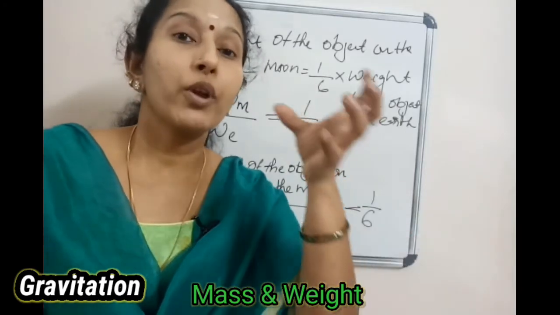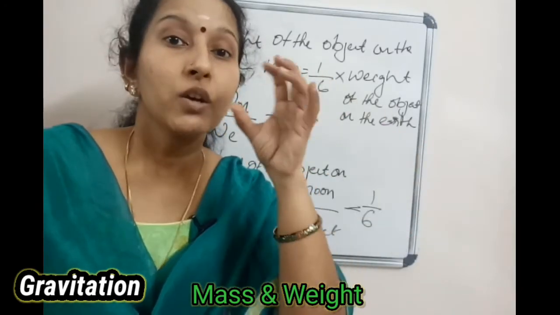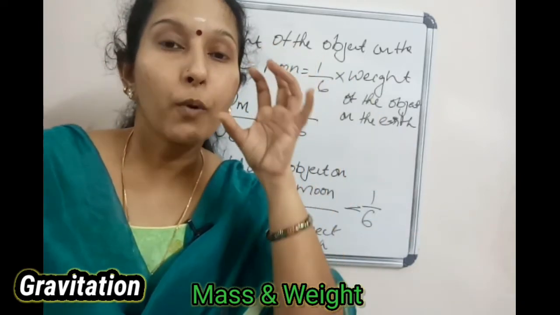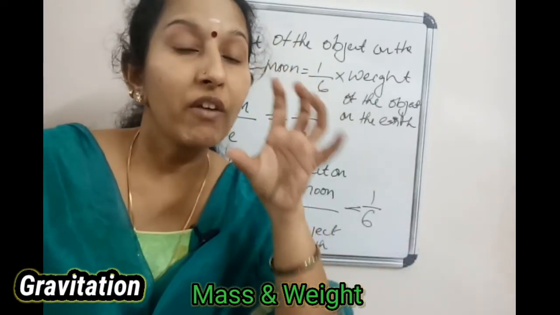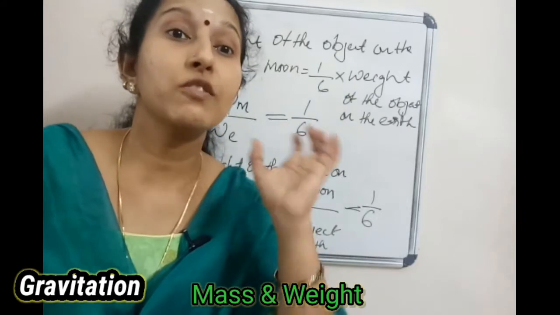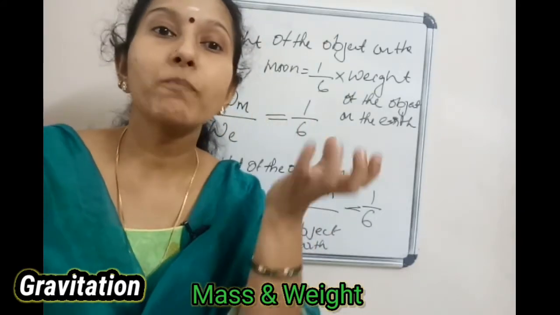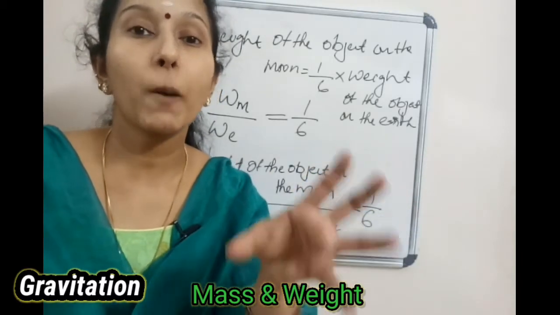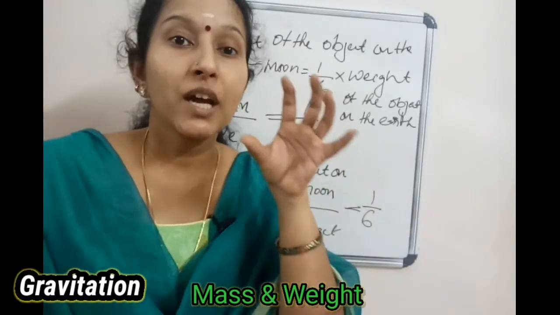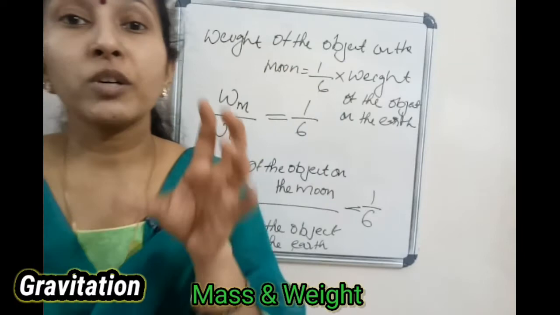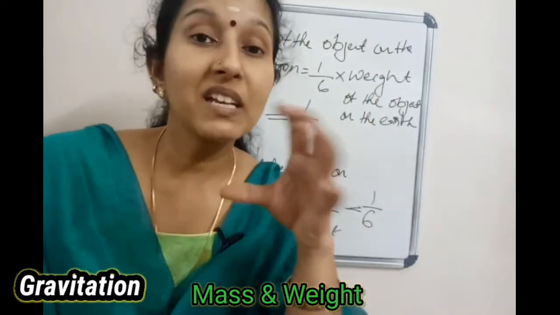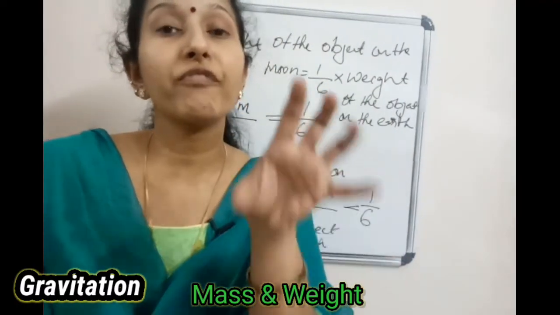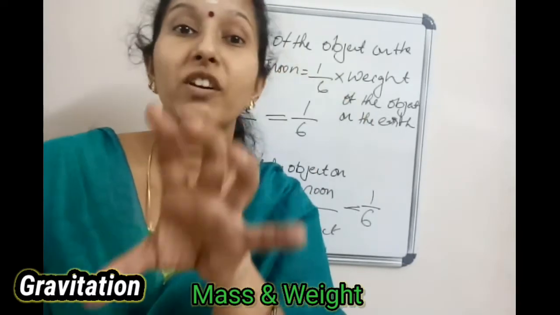So only a 1 by 6th portion of the object's weight will be felt on the moon. It is that much smaller. The weight of the object on the moon is equal to 1 by 6th the weight of the object on the earth.